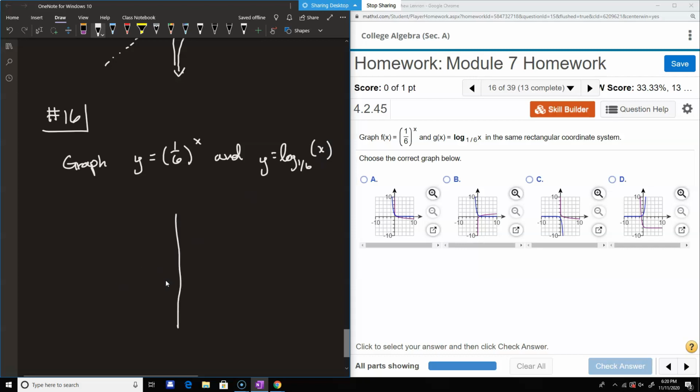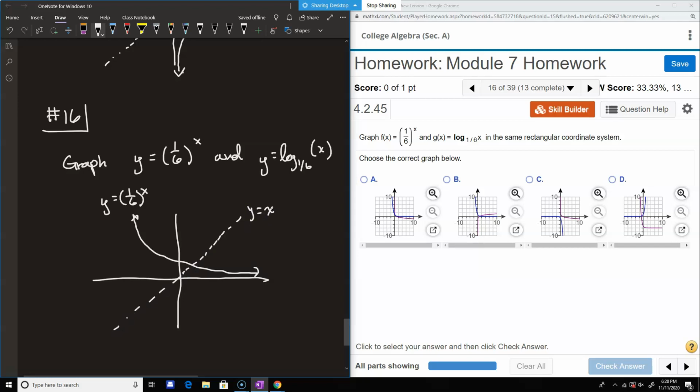So if we graph our general exponential decay, that's going up on the left and getting close to the x-axis on the right, we'll call this y equals 1/6 to the x. Then we want to draw our dotted line. So this is y equals x.